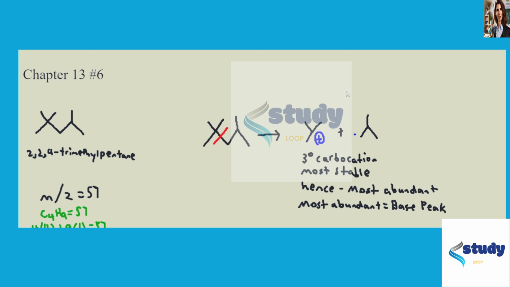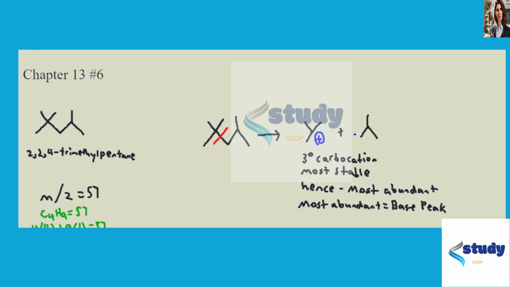And as for why this is the most abundant peak, because remember, the most abundant peak is going to be the base peak. And so we're told the base peak is at M to Z 57. And so that's the most abundant ion in the mass tracing from the mass spectrometer. And so just looking at this fragment, we can see that it's a tertiary carbocation.